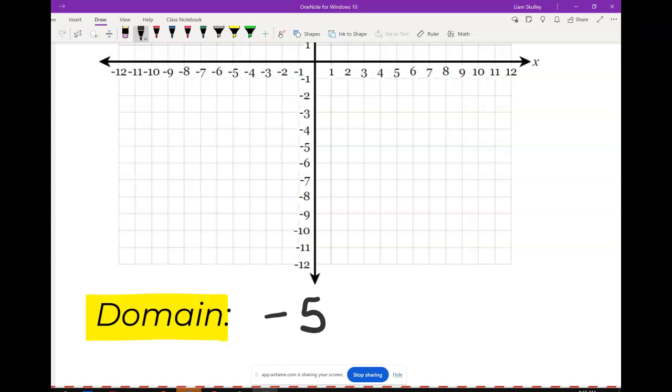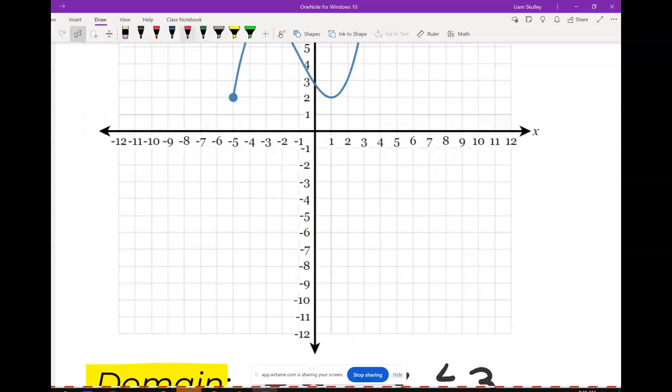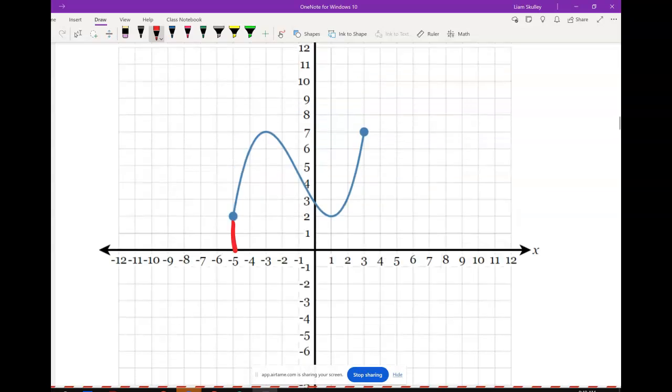Our smallest number, -5, -5 is less than or equal to x, and less than or equal to our higher number, 3. So we're saying our x values can be between -5 and +3 inclusive. We can include both of these values. Sometimes you'll see people write the boundaries, like it goes from here to here: -5 less than or equal to x less than or equal to 3.